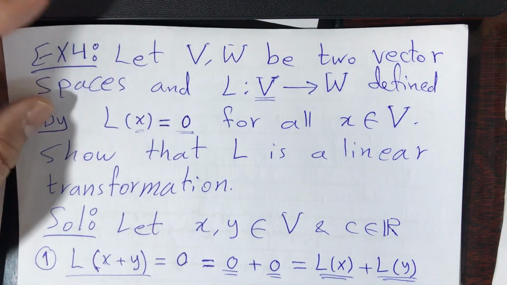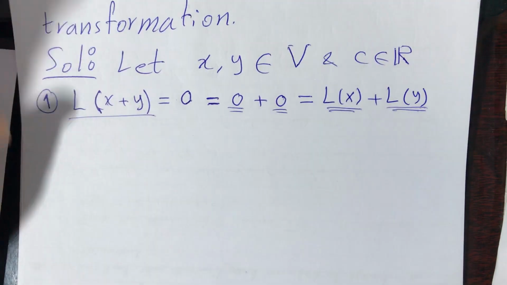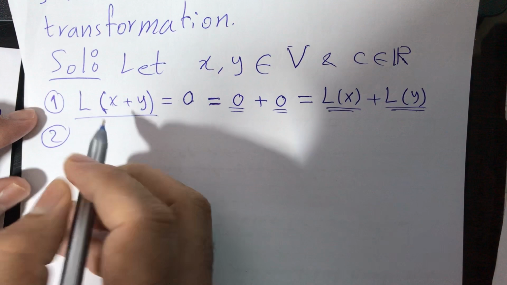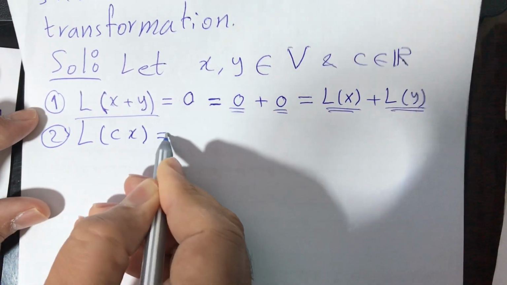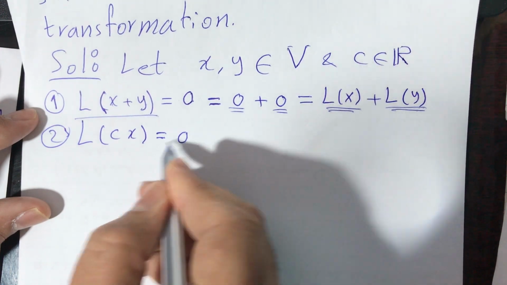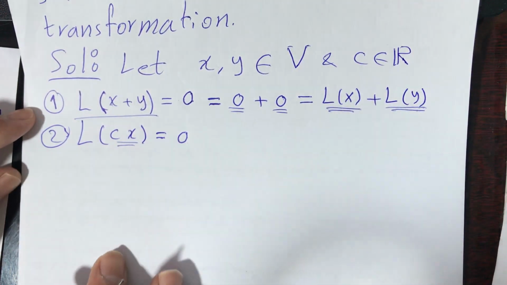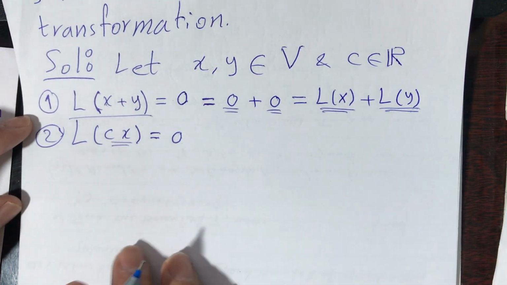Now the second condition, I think the same. L of cx is equal to also 0. Everything here, the output, will be 0.